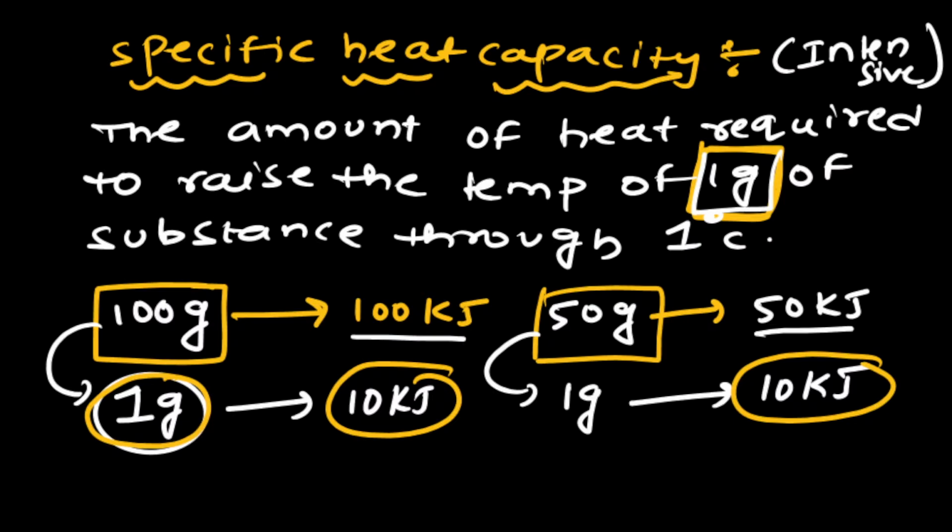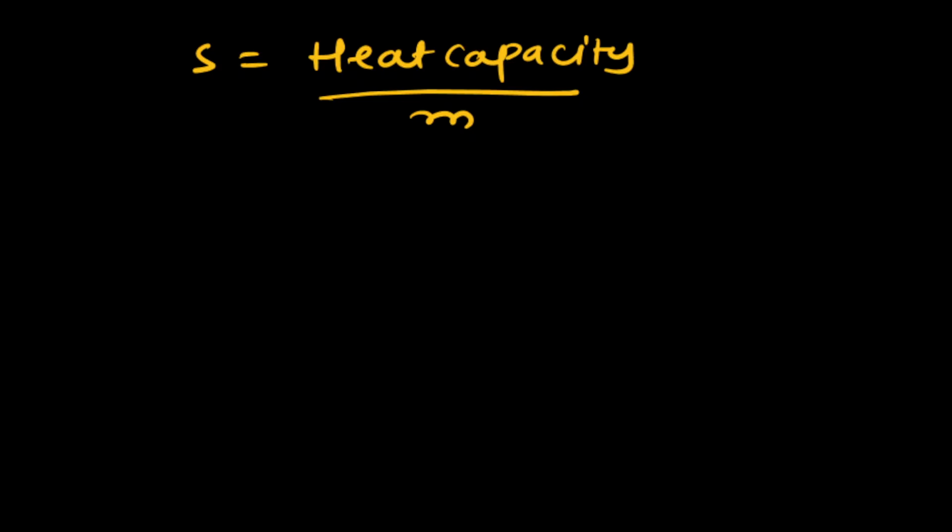Clear? Now the specific heat capacity formula: specific heat is represented by S. S is equal to heat capacity by the mass. Clear? The heat capacity formula is Q by delta T, right?